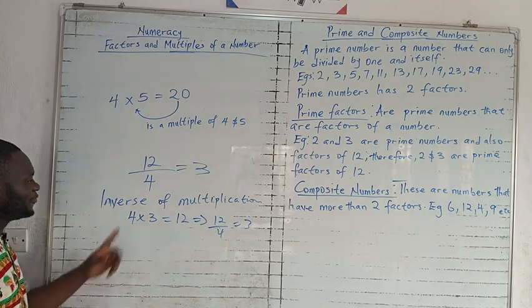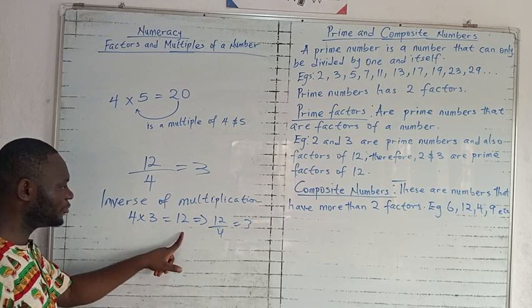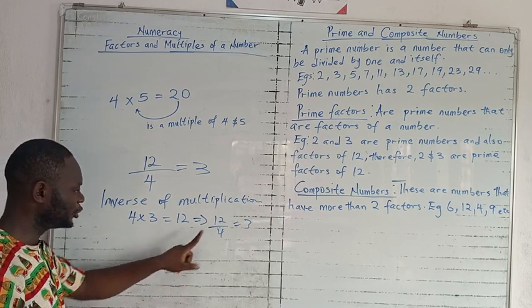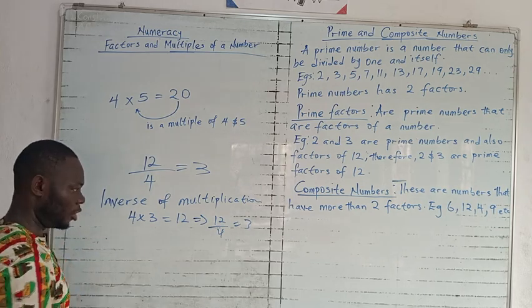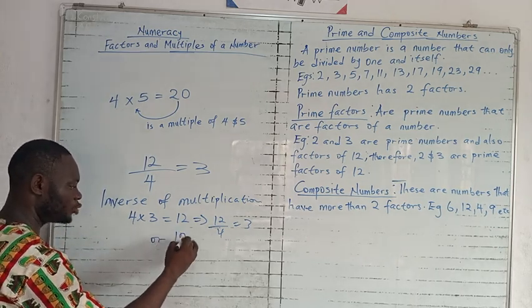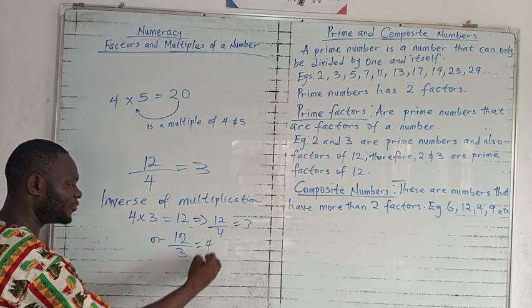If 4 times 3 is 12, then the inverse shows us that when we divide 12 by 4, we will get 3, or when we divide 12 by 3, we will get 4.